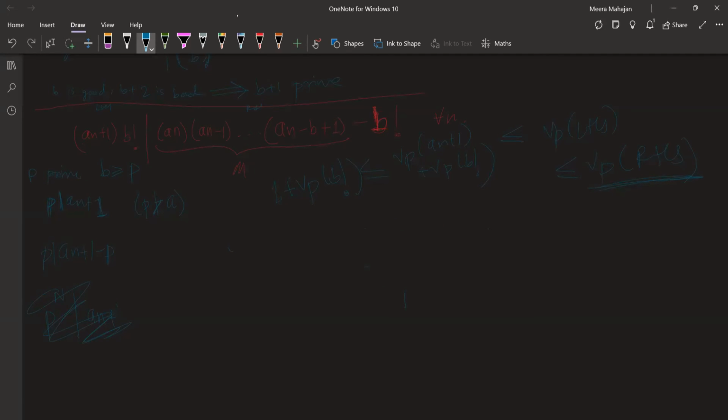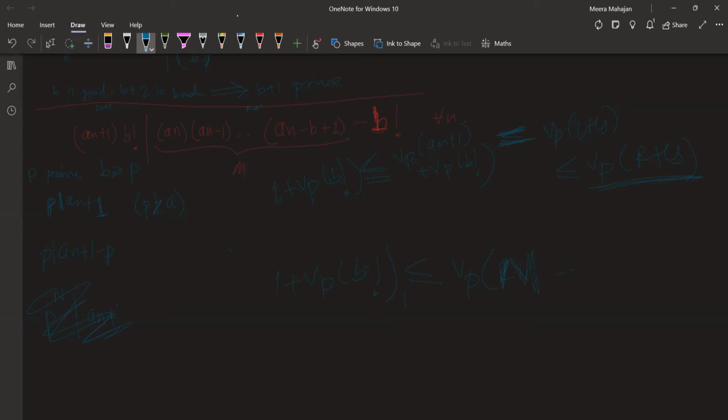Is this clear to everybody? We know that VP of LHS is equal to VP of an plus 1 plus VP of B factorial because it's just the product. And we know that VP of an plus 1 is at least 1 because we have taken P divides an plus 1. And hence we get 1 plus VP of B factorial is at most VP of RHS.